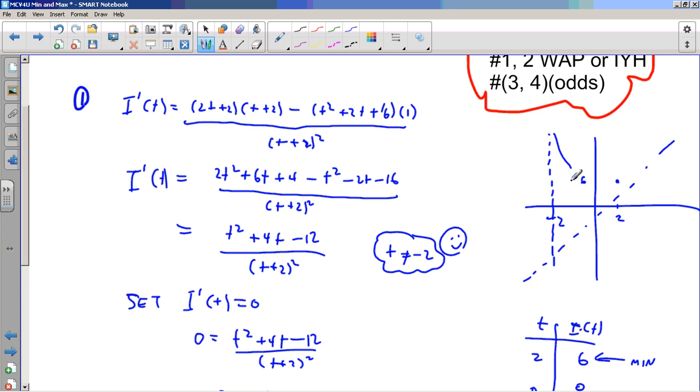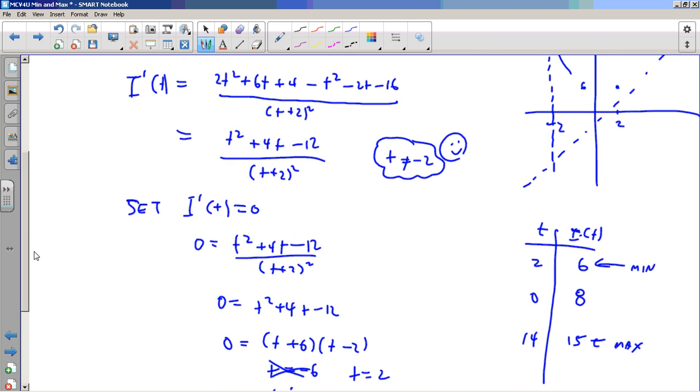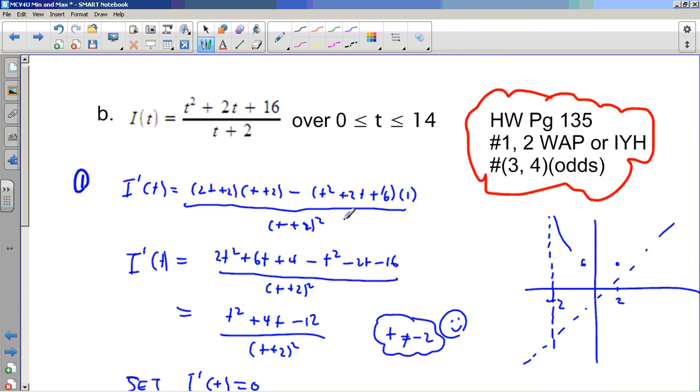When t is 0, the output is 8. So there, 8. I goofed up my asymptote there. This goes like this, and then back up, and I can see on my interval, the 14 has an output of 15. Yeah, it matches my diagram.